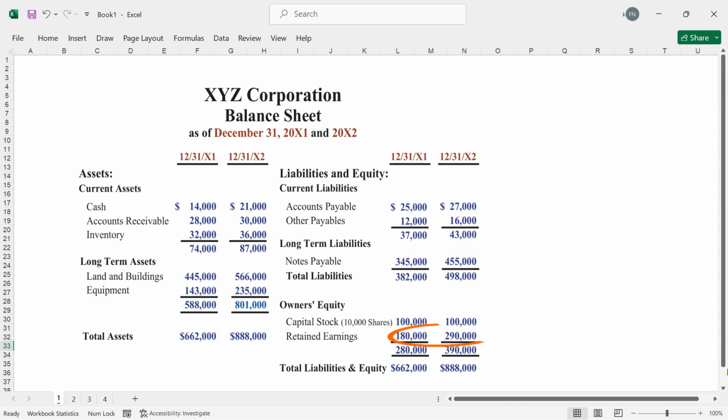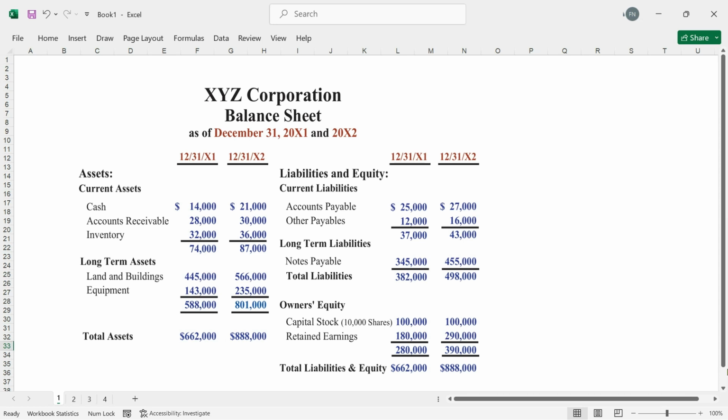That's a $110,000 increase in retained earnings. Clearly, this has been a profitable business. They have had earnings during the year that were at least $110,000 that they have retained in the business, and as a result, they have created additional assets of the business by allowing the assets created through earnings to be retained in the business.